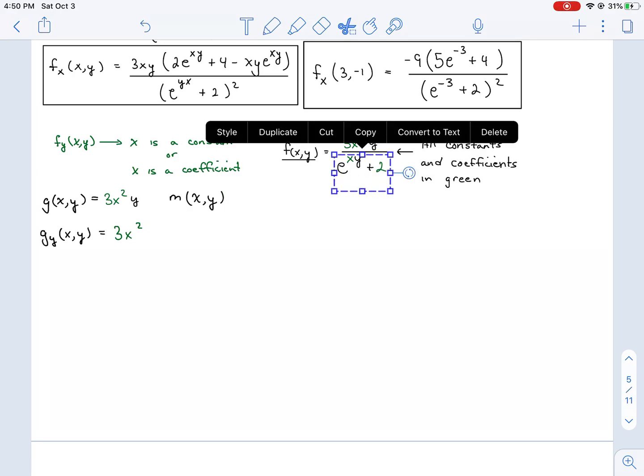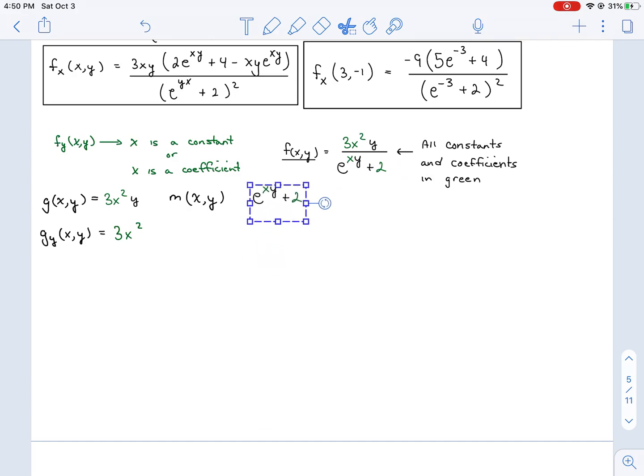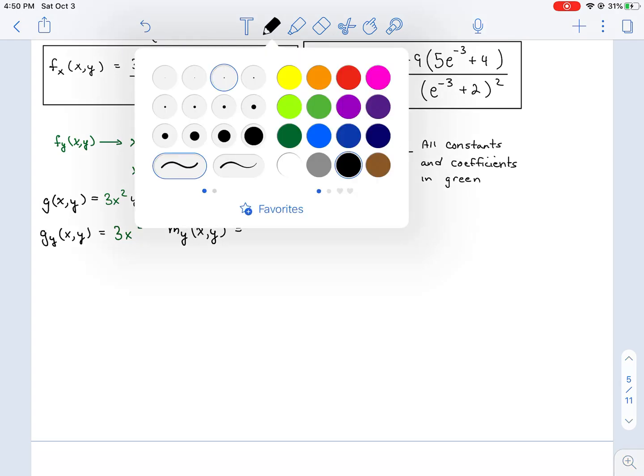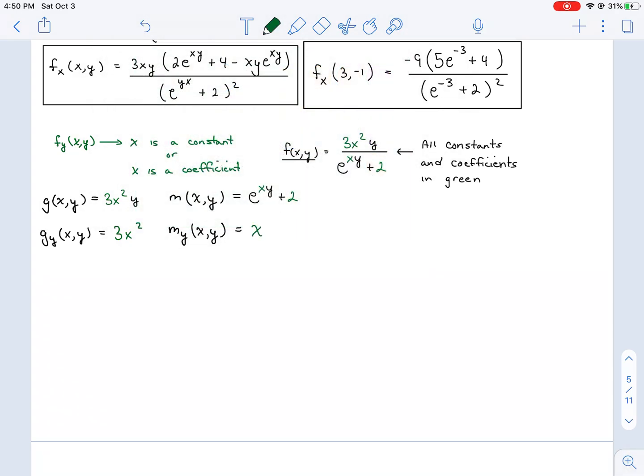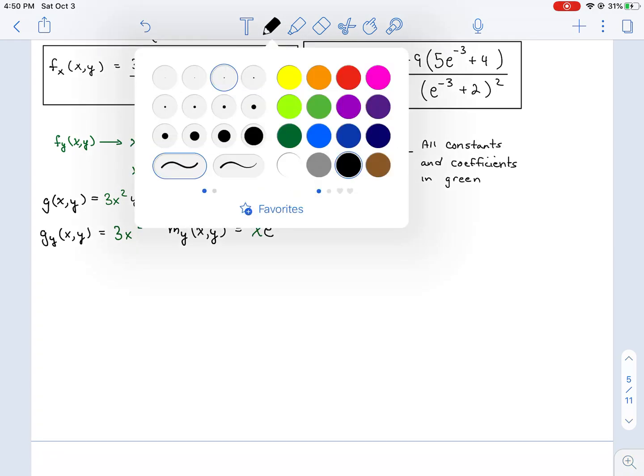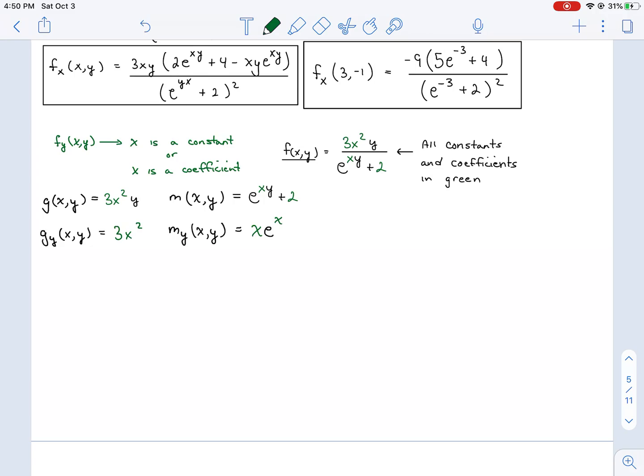And the denominator hasn't changed. But this time the derivative with respect to y is going to be x times e raised to the xy power. And again, the derivative of 2 is 0, so I'm not going to write that down.